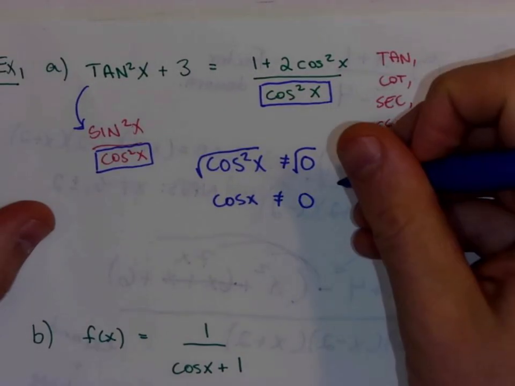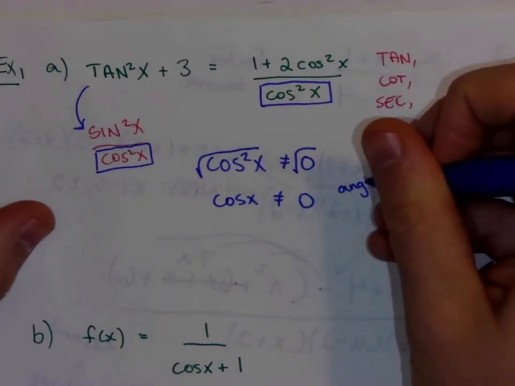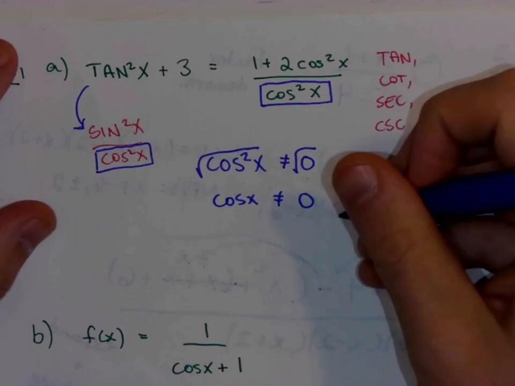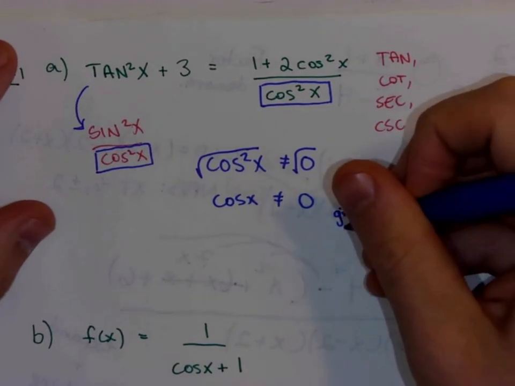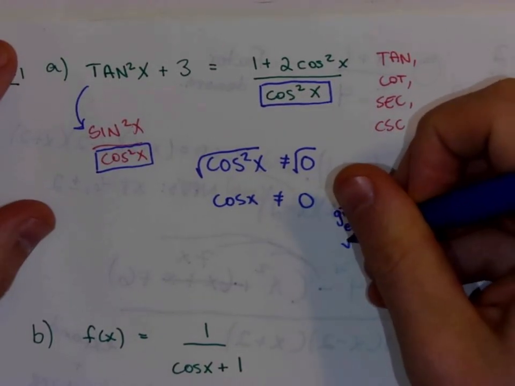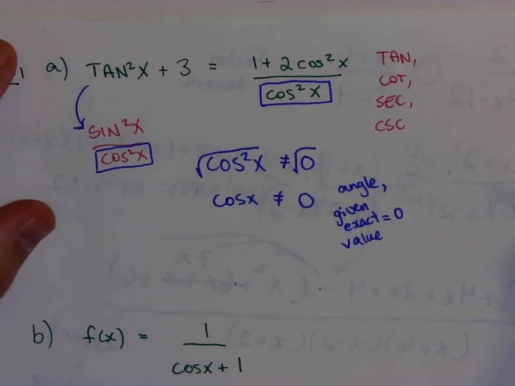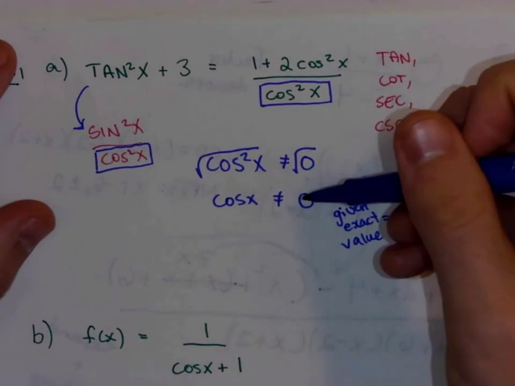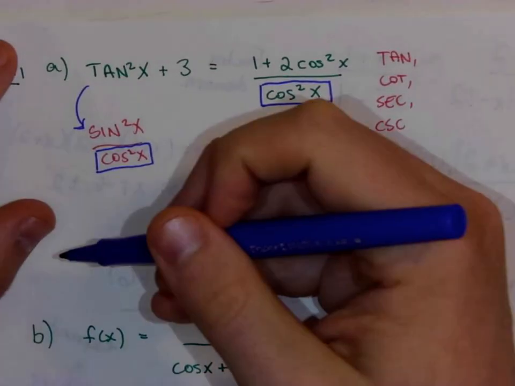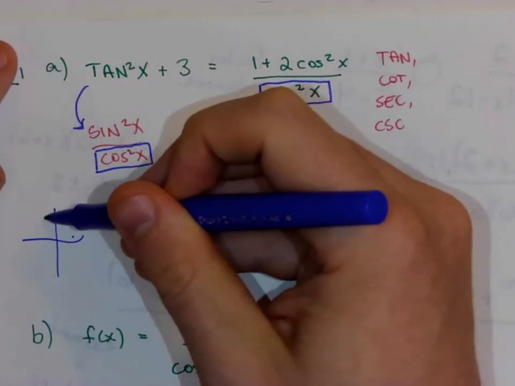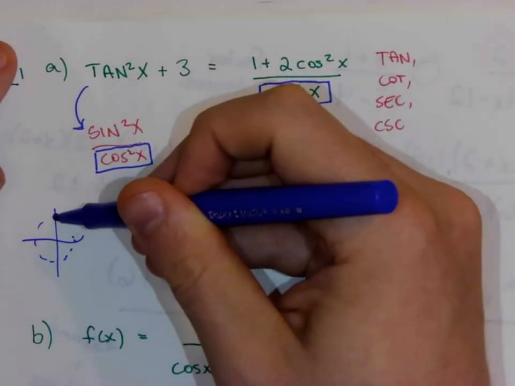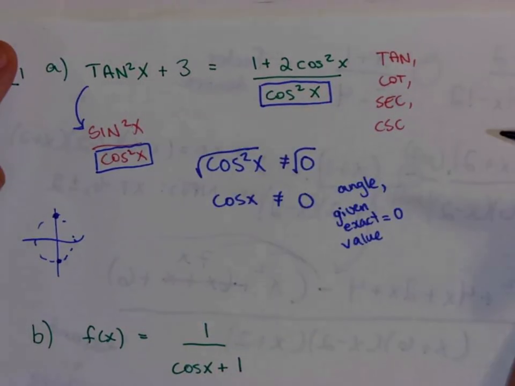What is x equal to when cosine equals 0? Well, this is where we find the angle for x given the exact value equal to 0. When is cosine equal to 0? Well, think about your unit circle if you need to. Cosine's equal to 0 on top and bottom.